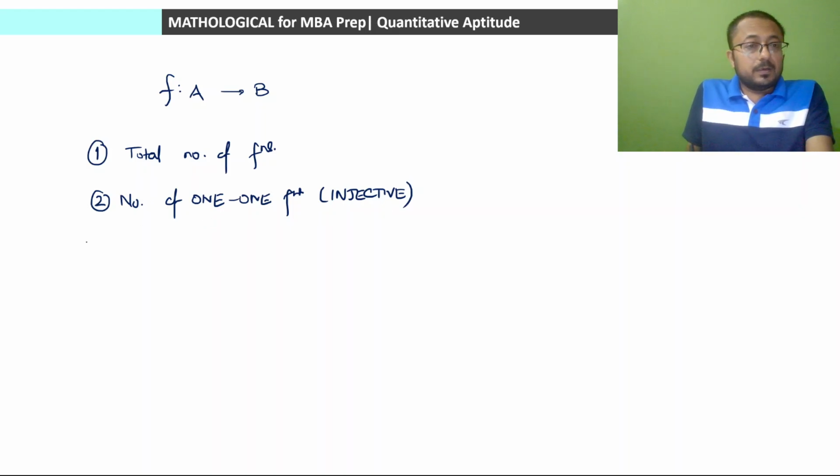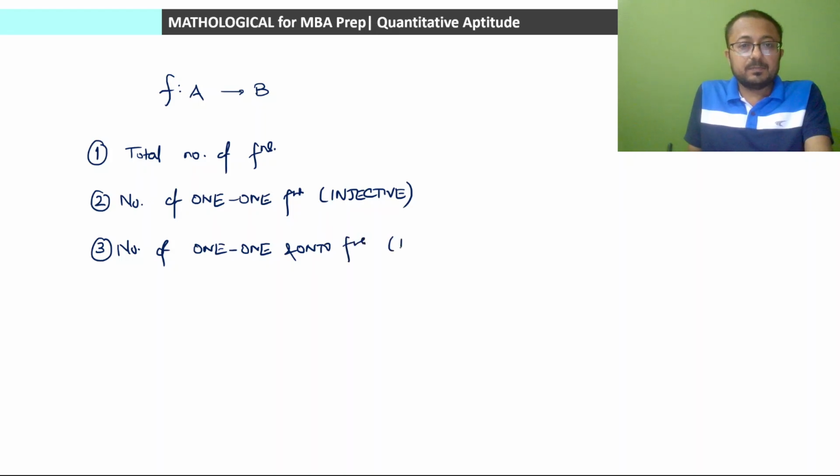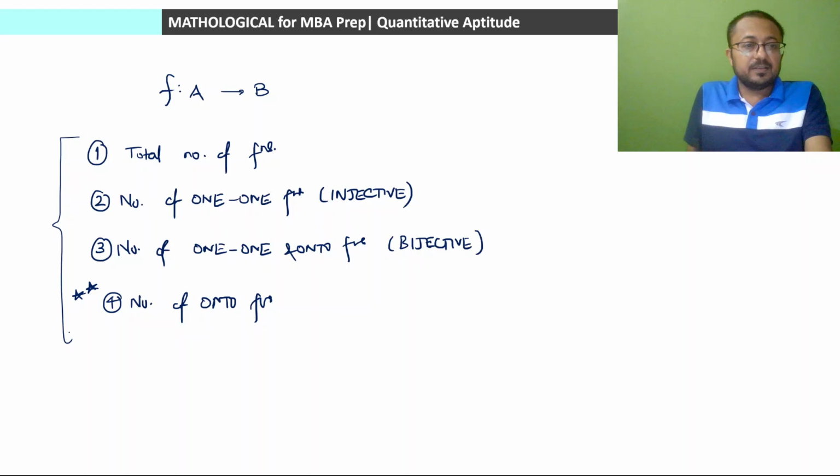Third, number of one-one and onto functions, which is number of bijective functions. And last but not the least, number of onto functions. Very important. So this is our agenda for this session. Start karte hain.